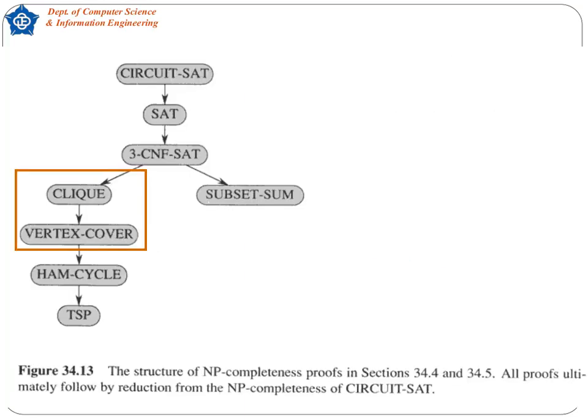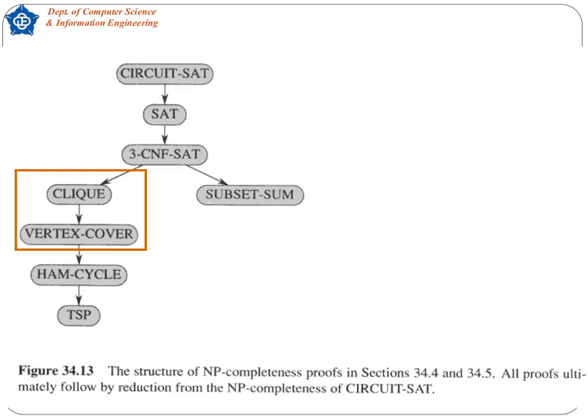Building on the power of problem reductions, this diagram lays out the full chain of transformations that underpin all our NP-completeness proofs. We begin with circuit-SAT and reduce it to Boolean satisfiability, SAT. Then reduce SAT to 3CNF SAT. From 3CNF SAT, one branch veers off to subset sum, while the other marches through a sequence of classic graph problems.